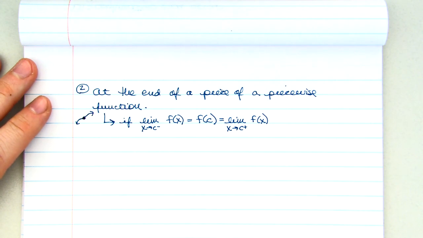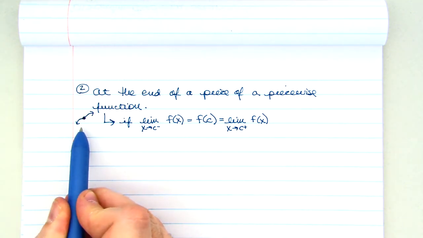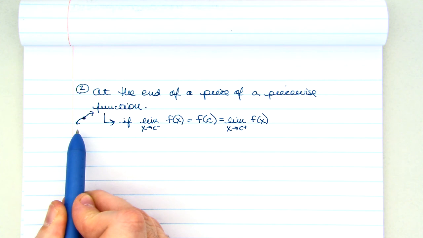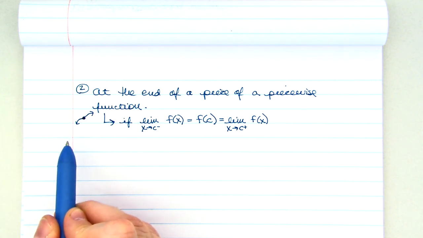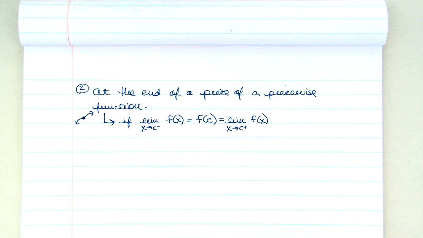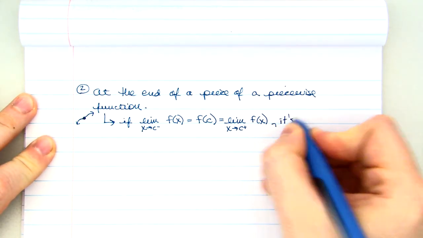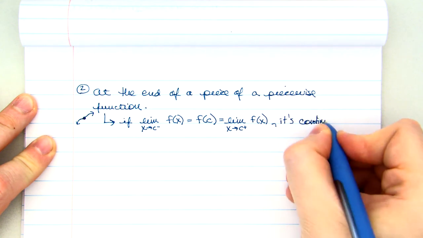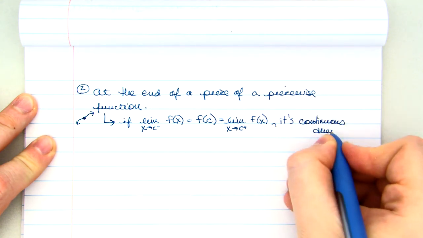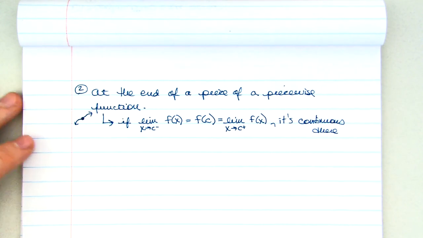Is that a removable or a non-removable discontinuity? Or should I not even be asking that question? We're perfectly continuous. These are places we could have a discontinuity, but maybe we won't. If all three things are equal, that's our definition of being continuous.